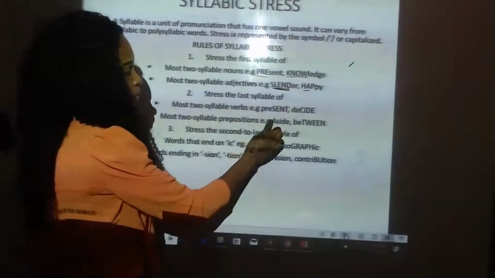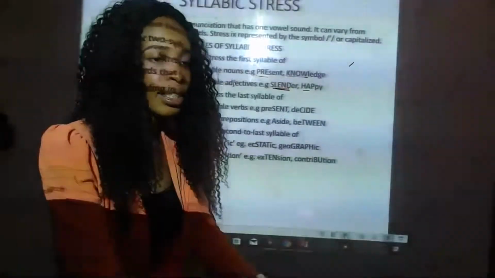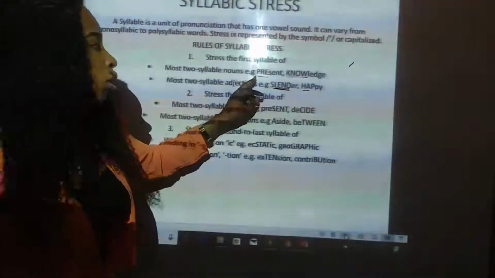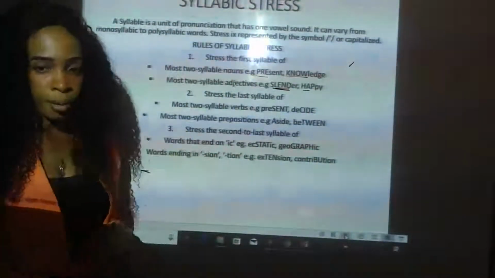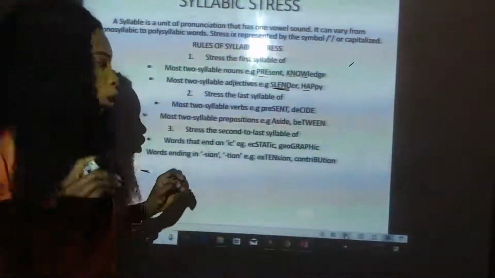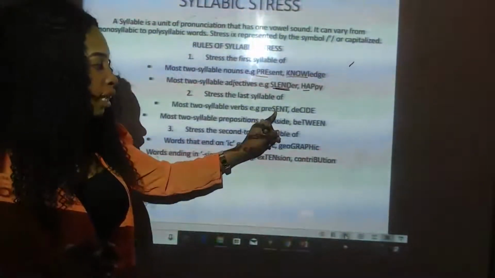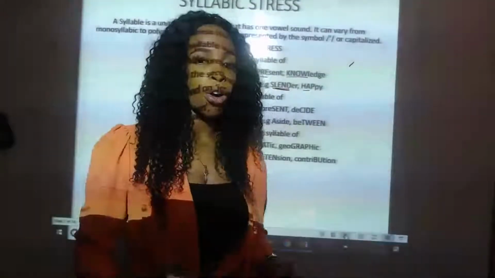For example, present. I present this present to you. That is to tell you that a word can be a noun and also a verb. That is the work of this syllabic stress, to tell you if it is a noun or a verb.